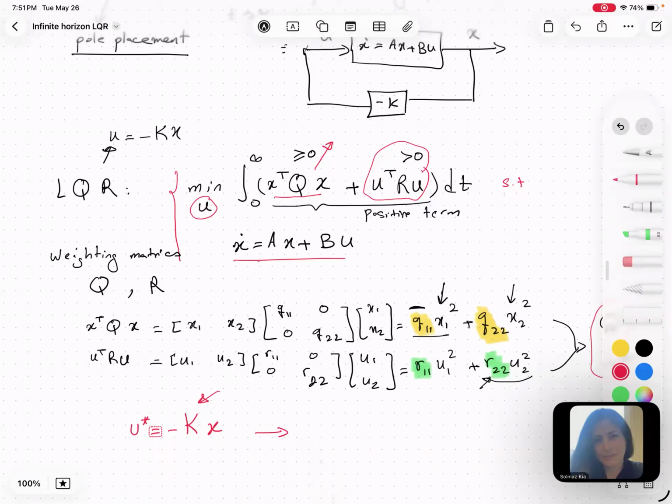It's not going to be up to us to decide it because this is an optimal control. The solution comes from the optimization procedure, and it would look like this.